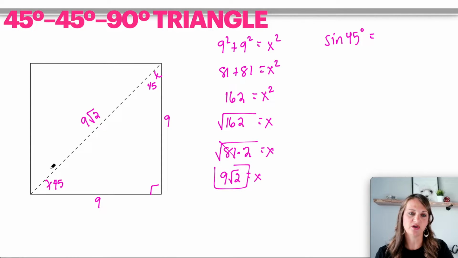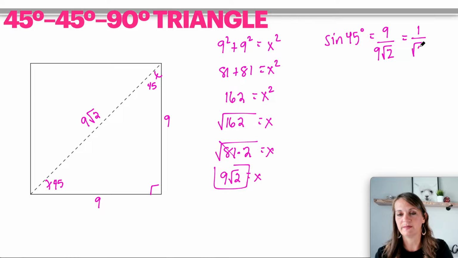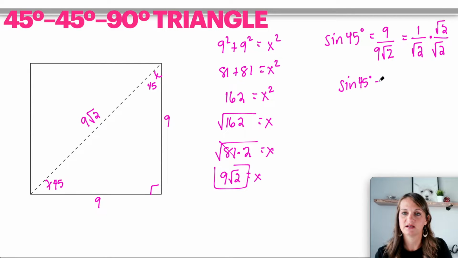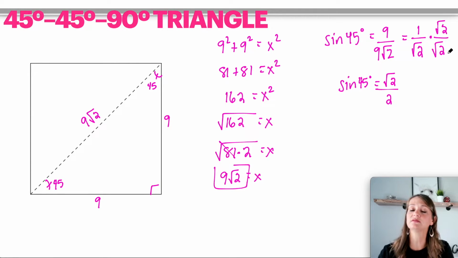That means the ratio is going to be the opposite divided by the hypotenuse, which means it is going to be 1 divided by the square root of 2. Now, in Algebra 2, you learn that you have to rationalize the denominator. So you multiply both the bottom and top by the square root of 2. And so therefore, the sine of 45 degrees is going to be the square root of 2 divided by 2, because the square root of 2 times the square root of 2 is the square root of 4, which is 2.